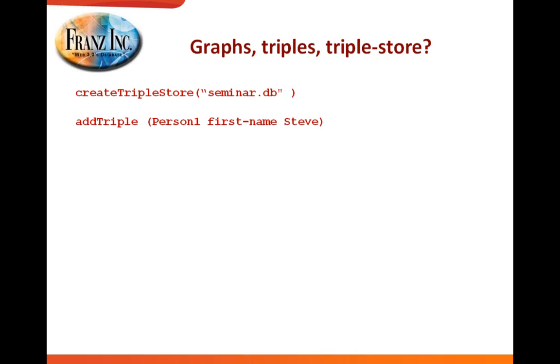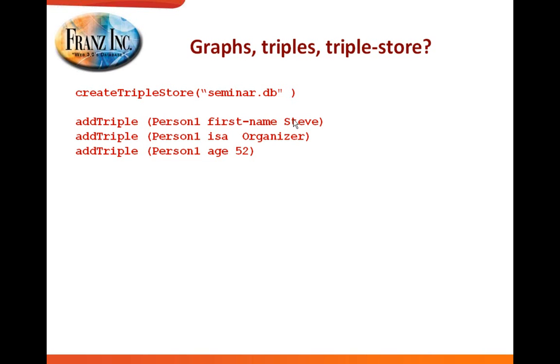Say I want to add some information about a person, Steve. So I would add a triple. Person 1 has the first name Steve. Person 1 is an organizer, and person 1 is 52. Those are 3 triples. In the language of the semantic web, person 1 would be the subject, this would be the predicate, and this would be the object.